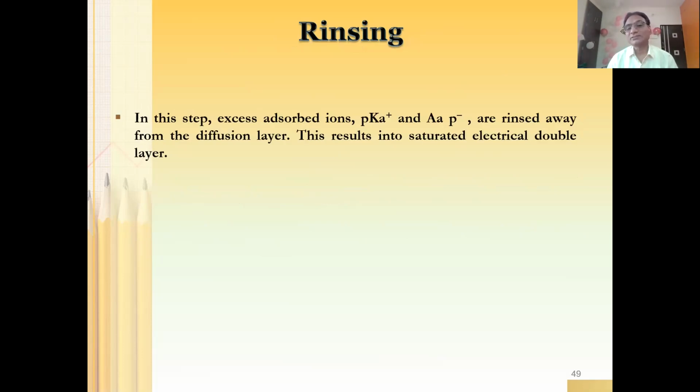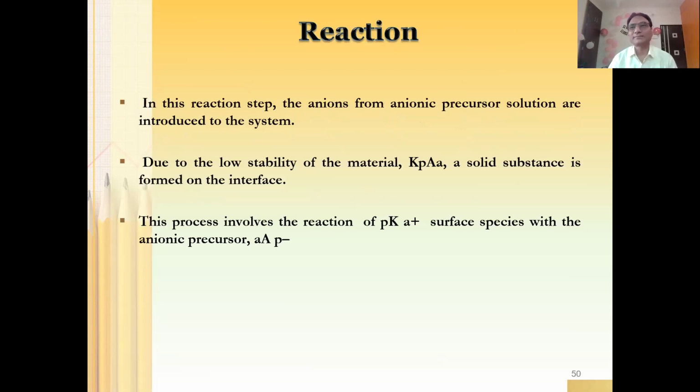This results in the saturated electrical double layer. It means whenever you are inserting your substrate into the cationic solution, there will be a formation of the saturated electrical double layer, consisting of an inside layer that is cationic and an outside layer that is anionic. So this is the first step.